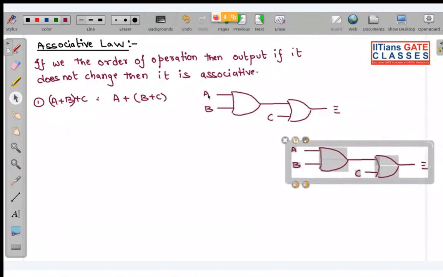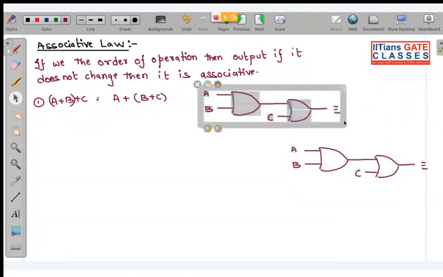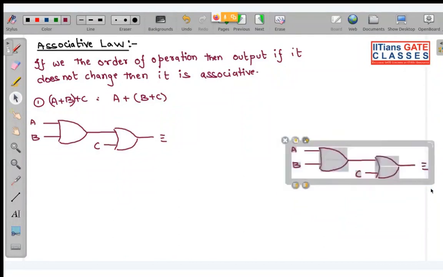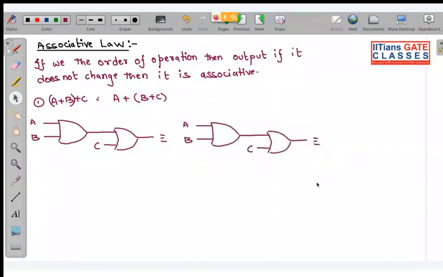This is equivalent to, okay, so this is what we mean by associative law.